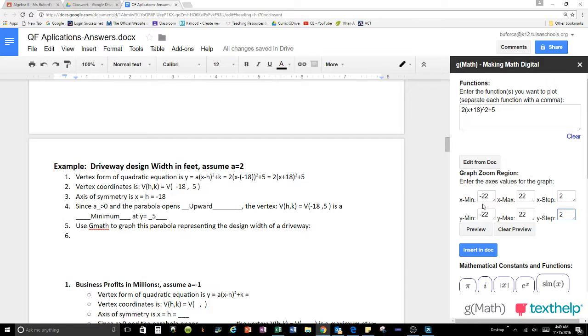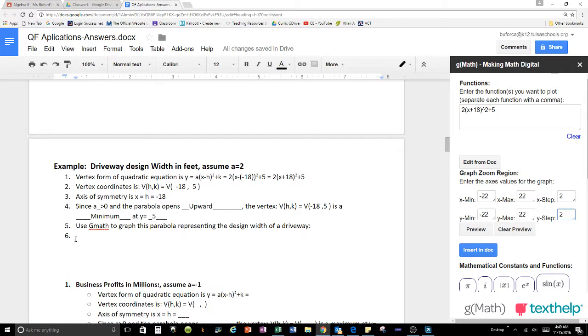So you won't have to do this again as long as you keep this GMath up. It's only after you shut it down and you pull it up again that it's going to pull in those default values of -10, +10.